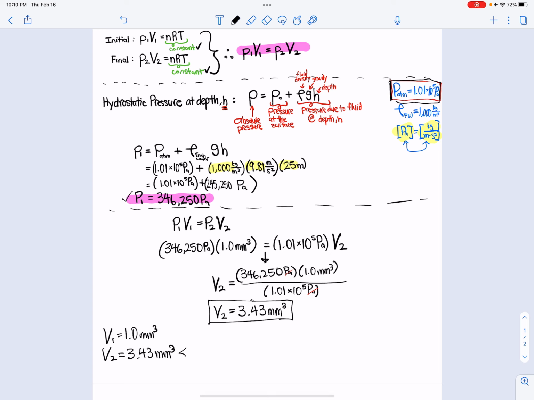And that's about 350% larger volume for the nitrogen gas bubble in the diver's blood. So that's quite significant and would likely cause problems, okay? But as far as the final answer, that's our final volume at the surface.